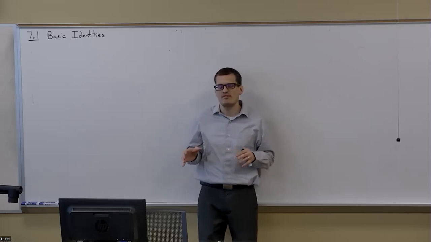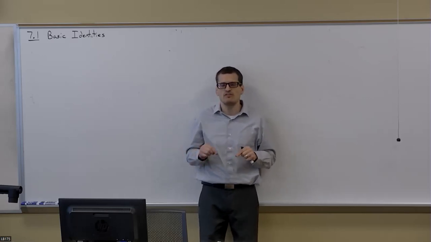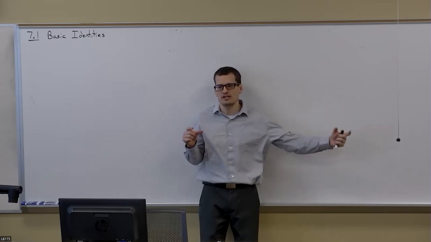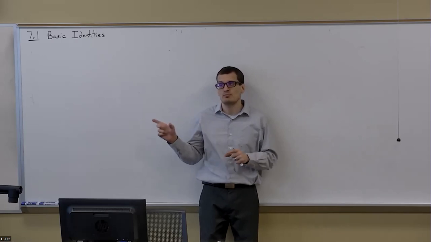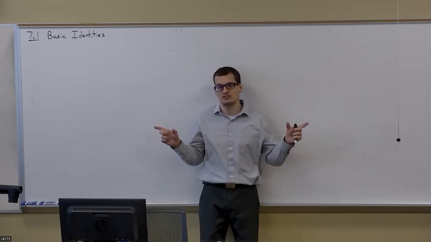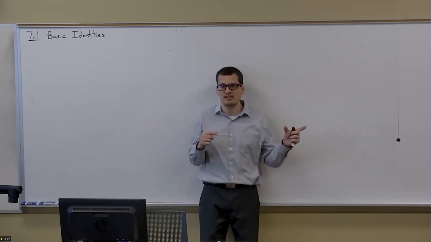In chapter 7, it's going to be a lot of, well, this big trig expression is the same as this other trig expression. Or is it not? And to try to prove that those two trig expressions are equal, or that those two trig expressions are different, there might be a lot of different paths to get there.